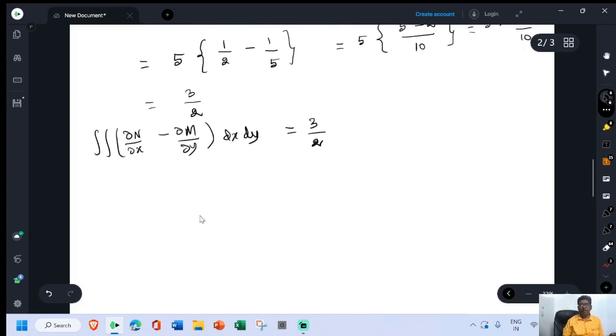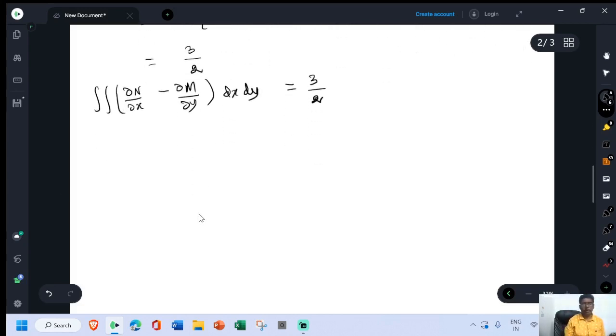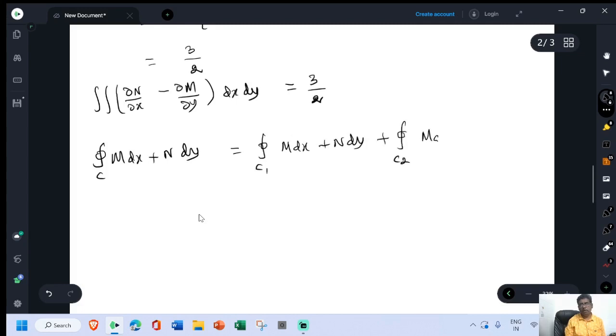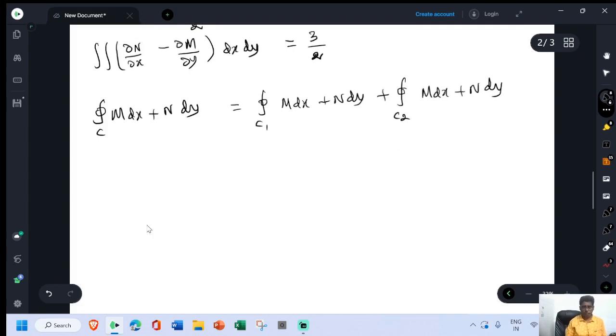You may expect the same result from the closed curve integral of m dx plus n dy. From the left hand side also, this is equal to the integral over C1 of m dx plus n dy, plus the integral over C2 of m dx plus n dy. You may expect the same.